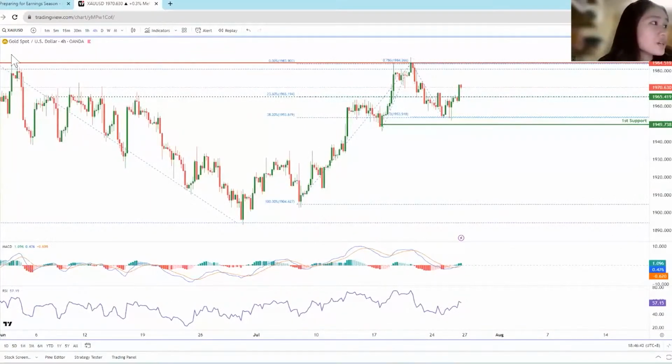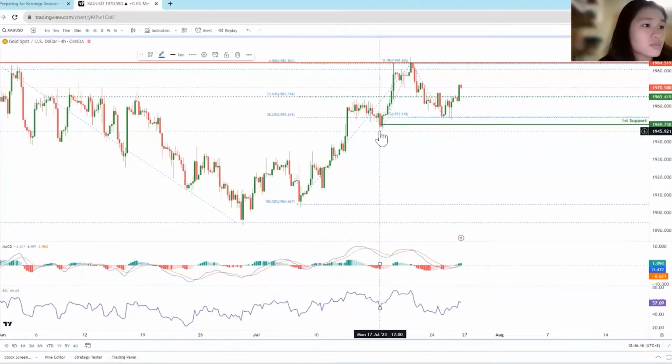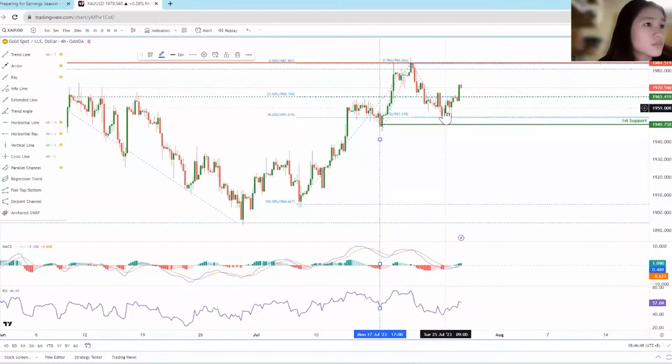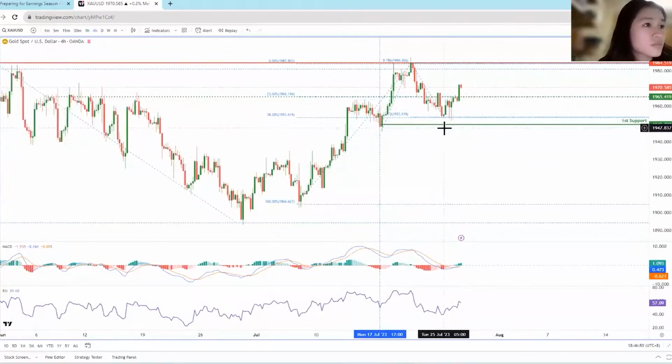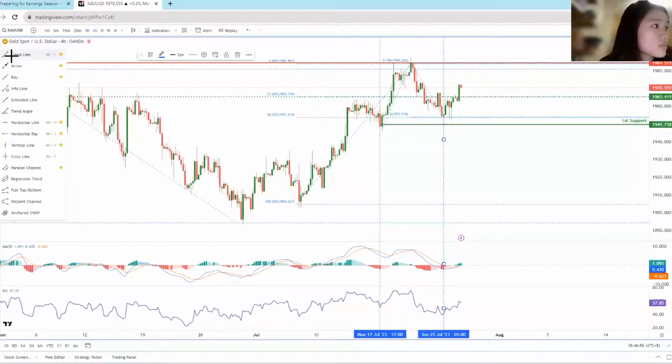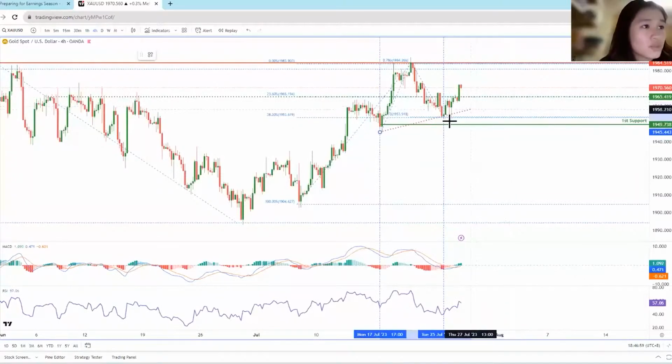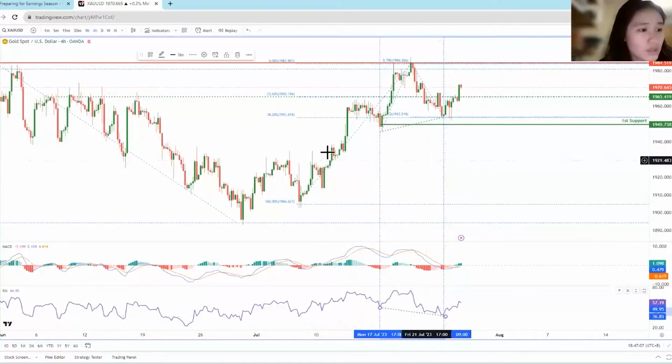Okay, we have another divergence over here. Price has made a higher low, whereas on our RSI, it's made a lower low.